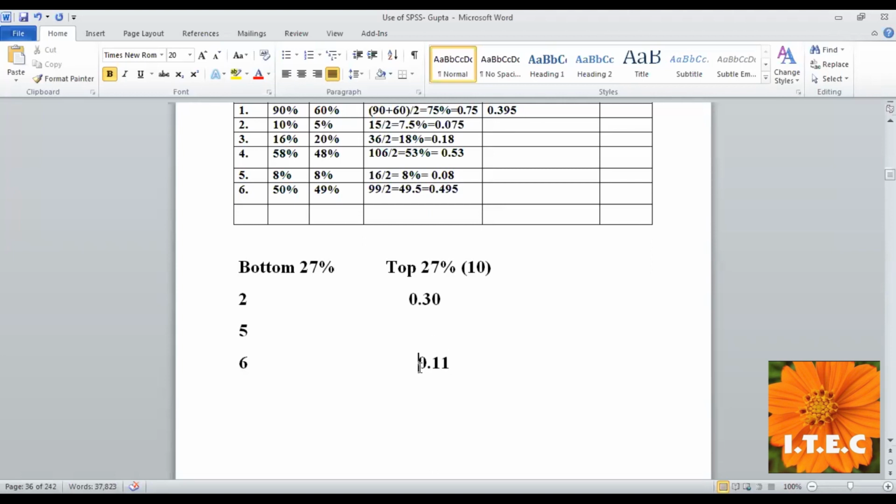Now, you know, when the difference between 2 and 6 is 4, then the difference between the top 10 is 0.30 minus 0.11. So you can find out the difference.